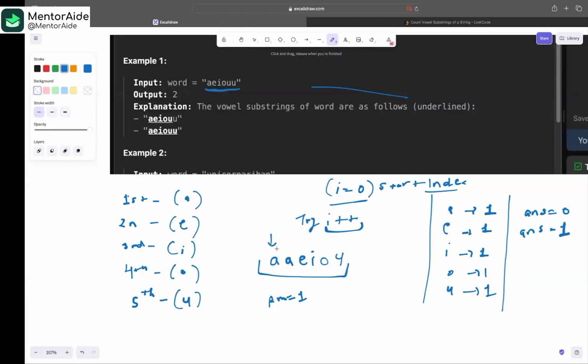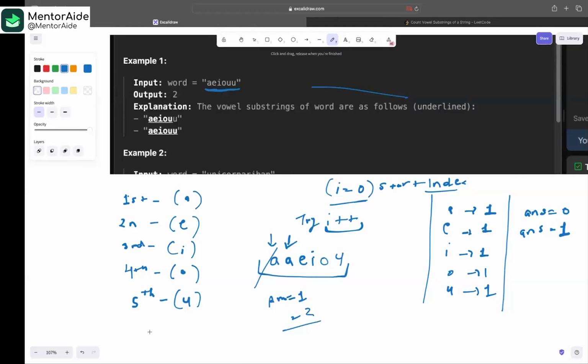So you will remove this A and the start window will start from here. Still we have A, E, I, O, U. That means the answer will be 2. This is why this shrinking needs to happen. As I have told you, in the substring you can have a repetition of any vowel, but the only requirement is that all the vowels should be in the substring.